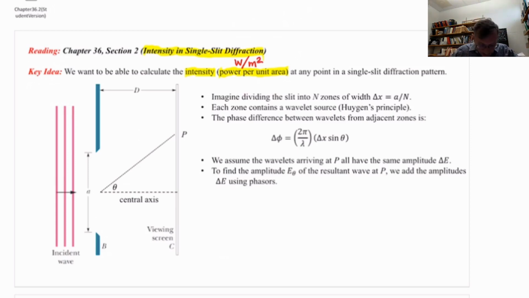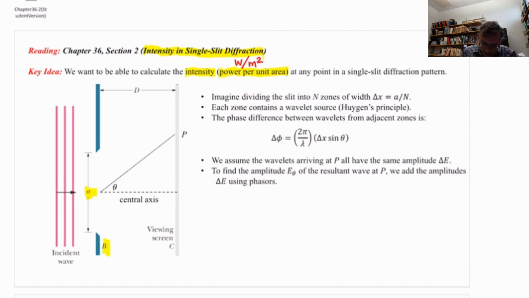Okay, the geometry is here, like we talked about already. First, we have a screen B with a long, narrow slit cut horizontally in it. And the width of the slit, which is the narrow part, is A. And the length is coming out of the screen, and it's longer than A, considerably longer.